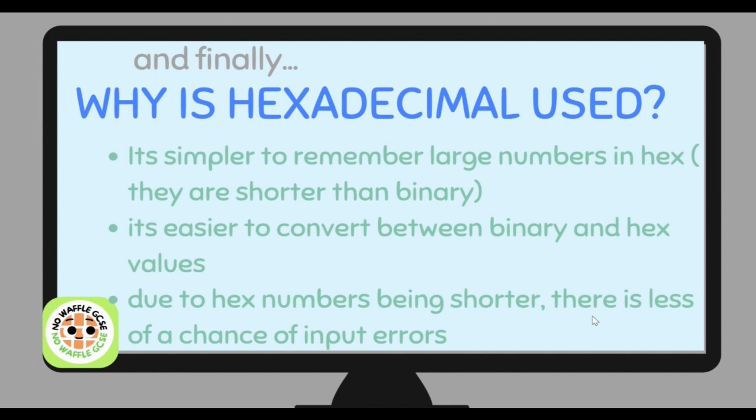Now, due to hex numbers being shorter, there is also less chance of input errors, which is another advantage. Now, they may ask you this in the exam, to answer why hexadecimal is used and why it's easier, so definitely talk about at least 2 of these 3 bullet points.